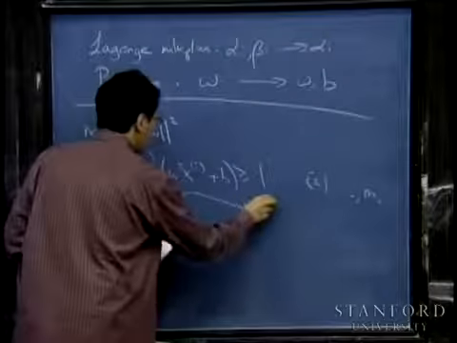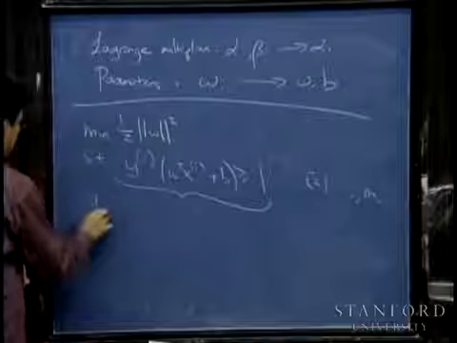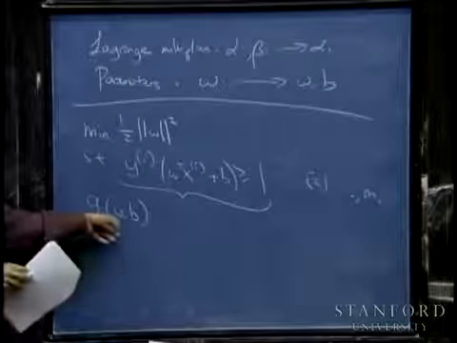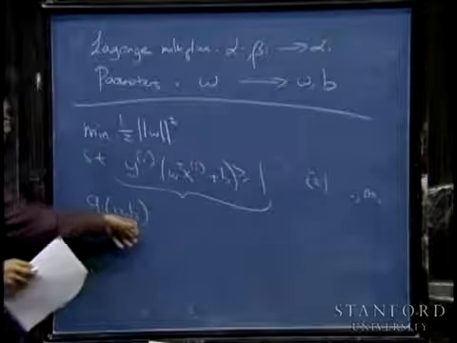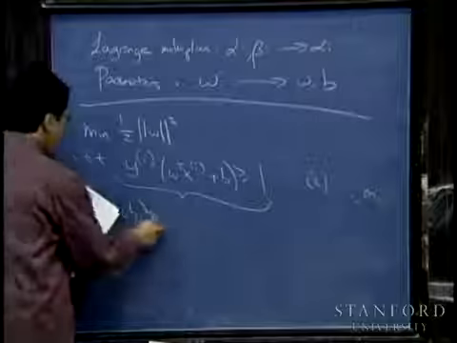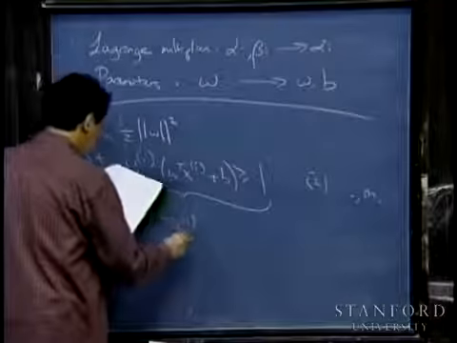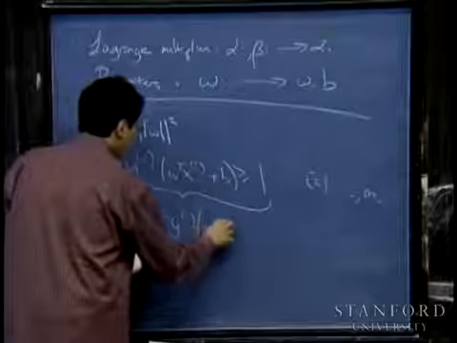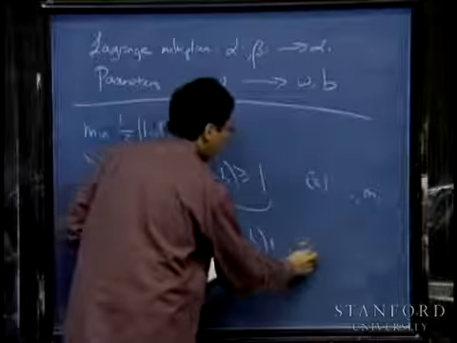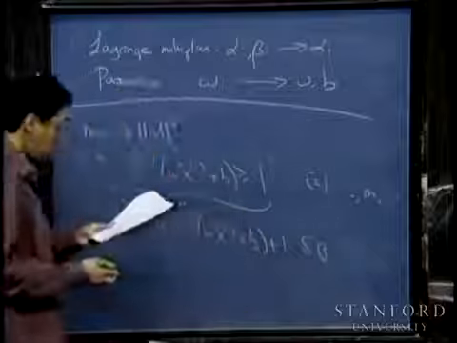Let me rewrite this constraint as gi of w comma b. Previously I had gi of w, but now I have parameters w and b. So I have gi of w comma b defined as this one.